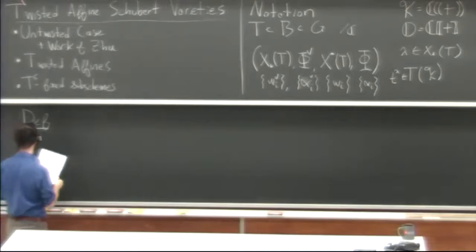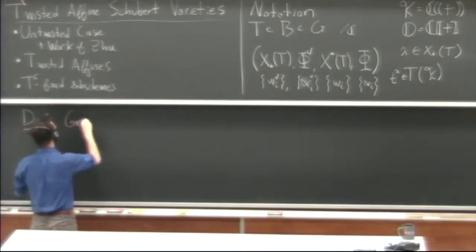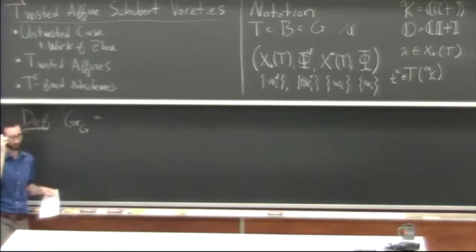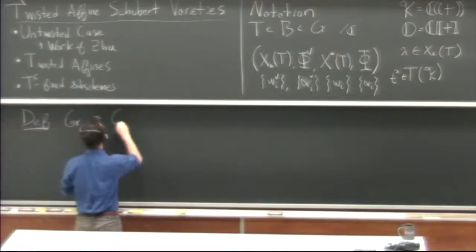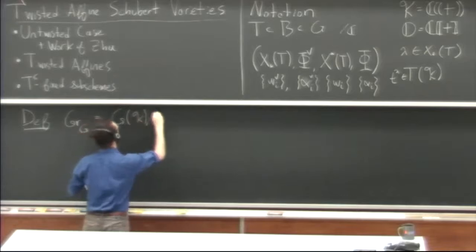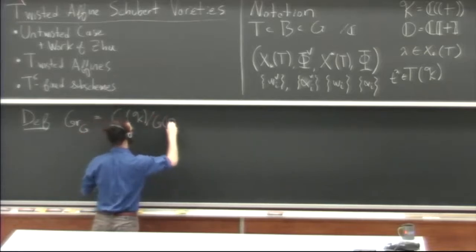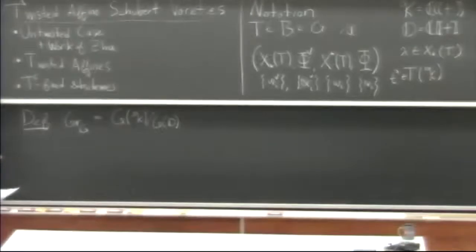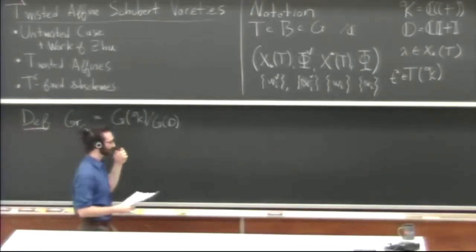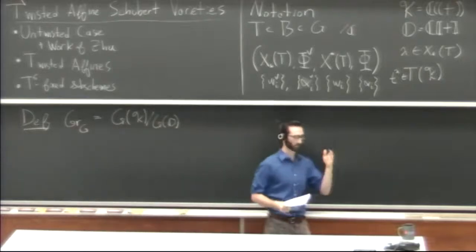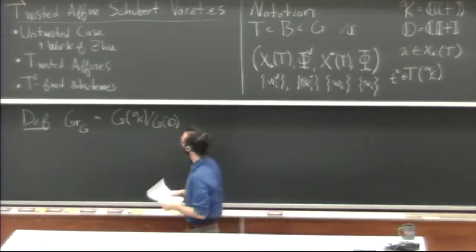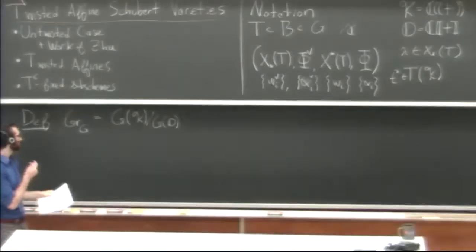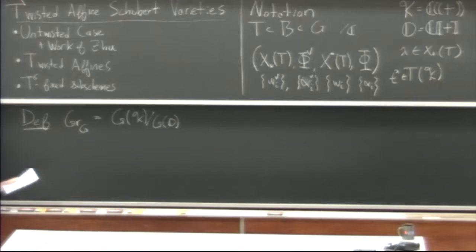The affine Grassmannian, which I denote by G, is equal to, at least on the level of C points, G of K modulo G of O. Now, in this work, something that I'll be focusing on a lot is either T fixed subschemes or T sigma fixed subschemes. So a definition on the level of C points isn't quite enough. So we need something a little more schemy.